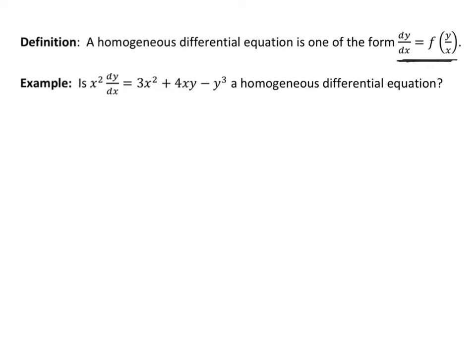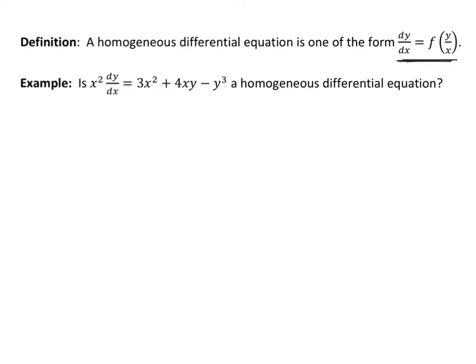This example that I have right here, we're going to go through together, and the next segment has 2 of them that you'll get to try on your own. The question for us becomes, can I take this differential equation as it's stated here and rewrite it like this? Is it possible for me to get dy/dx on one side and then have y over x be the variable that's happening in all of these things?